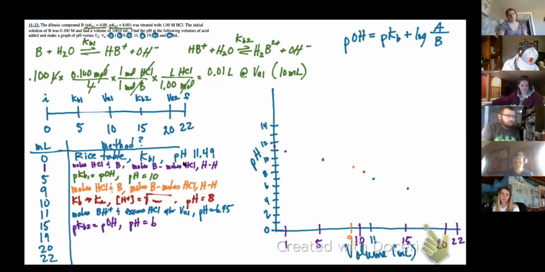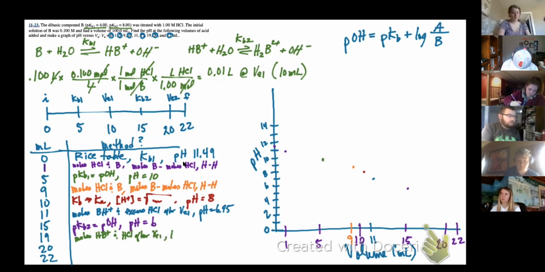So you're going to set up the Henderson-Hasselbalch, but you're going to do it in a way that you set pOH equal to your pKb2 plus log of however much excess acid you have and however many moles of your base are left. Right, so you're solving for moles of HB+ and HCl after VE1.